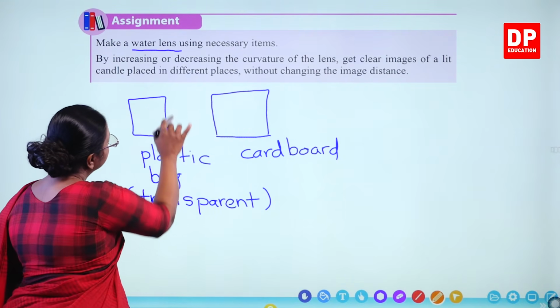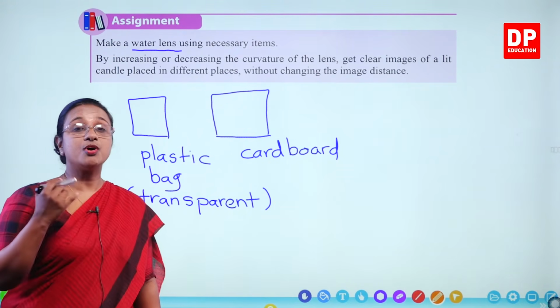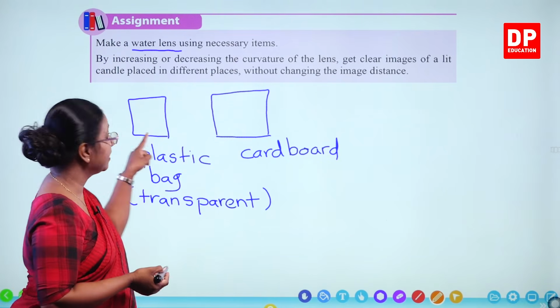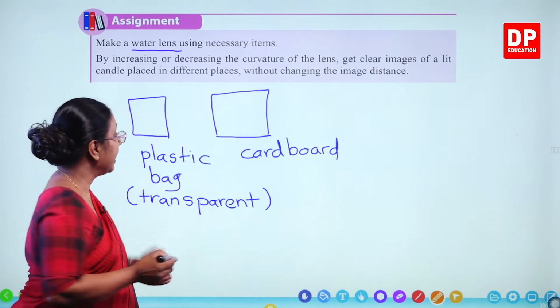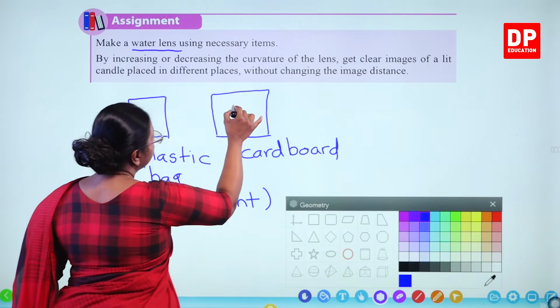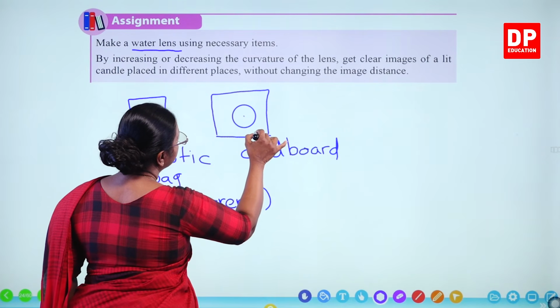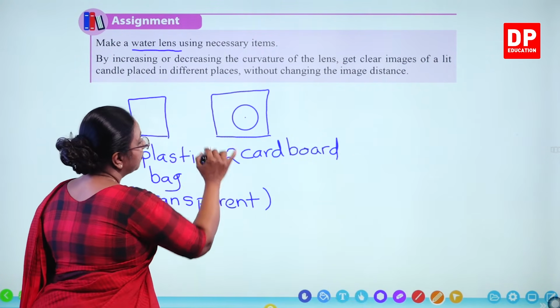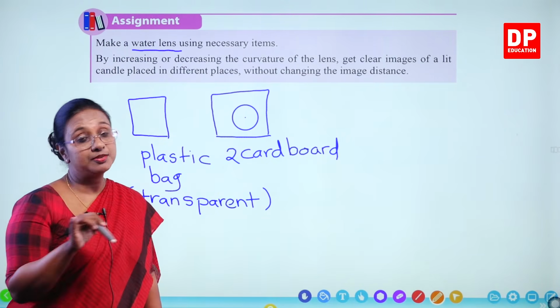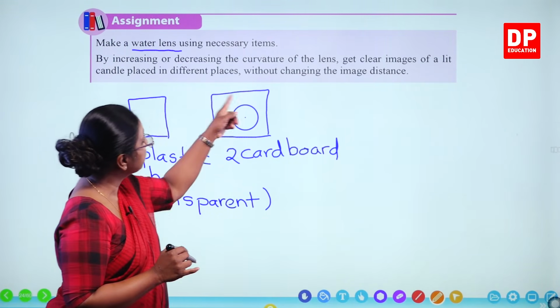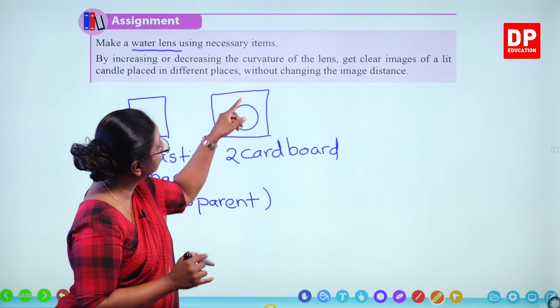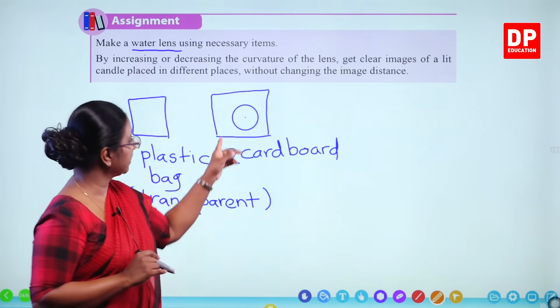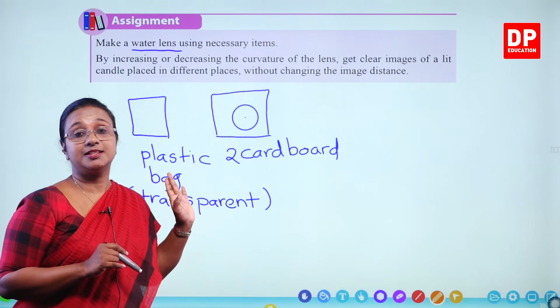That also almost the same size or slightly larger than these plastic bags. Then what we need is 2 cardboards of the same size. They have to be square is better, and in the middle you make 2 holes of the same size and they have to be circular.